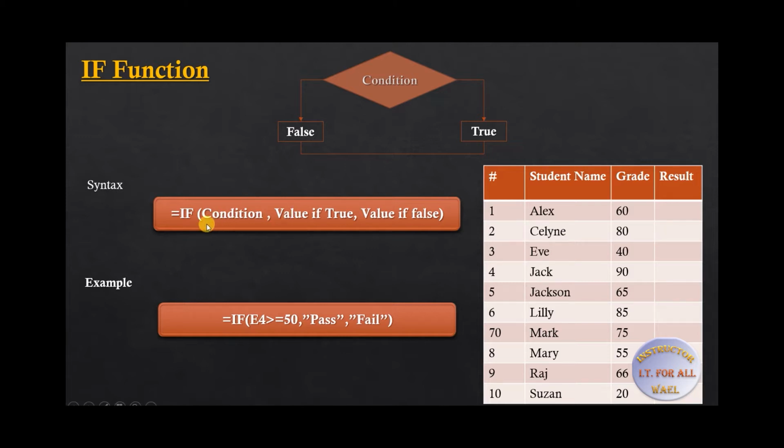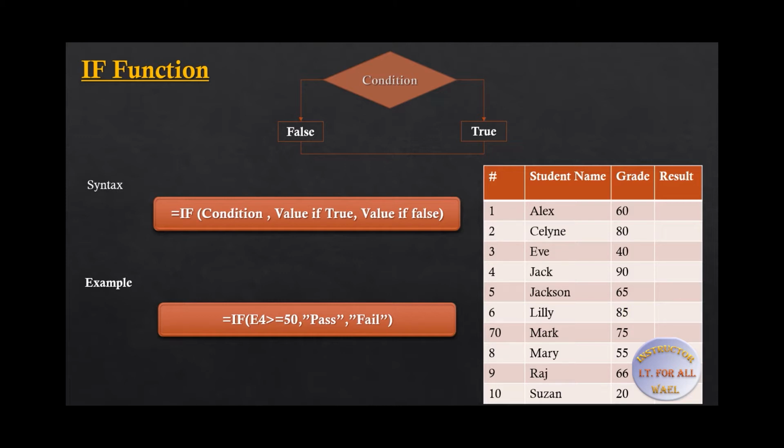Then you have the condition, the first component. Then the value if true, which is the first branch. Then the value if false, which is the second branch. If we have an example, a student table, we have 10 students. Each one has a grade, and we would like to know which one passed and which one failed.